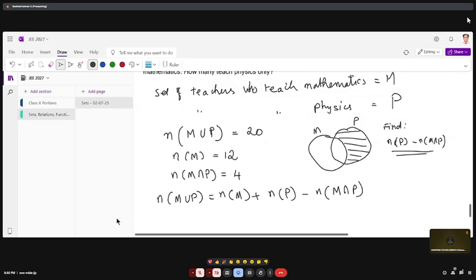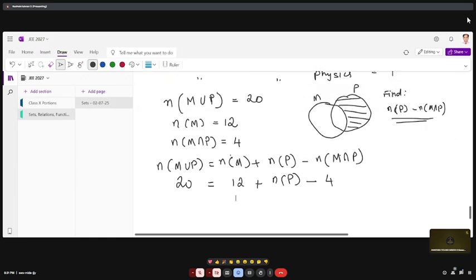So here we have this, we have this, we have this. We can get N of P now, because this is 20, this is 12, this we don't have, and M intersection P is 4.